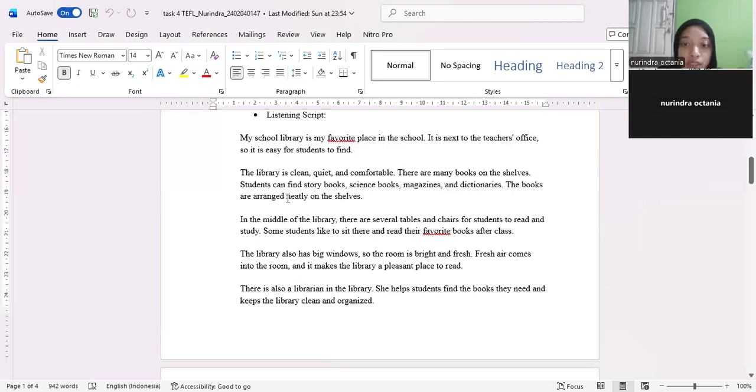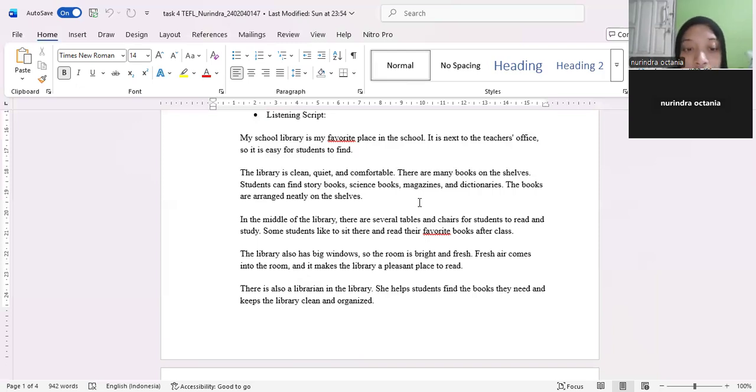Students can find storybooks, science books, magazines, and dictionaries. The books are arranged neatly on the shelf. In the middle of the library, there are several tables and chairs for students to read and study. Some students like to sit there and read their favorite books after class.